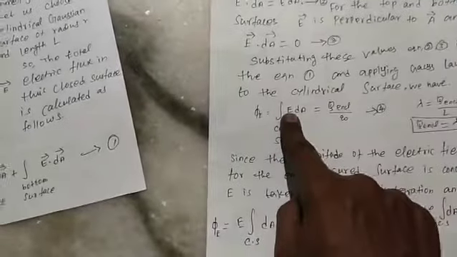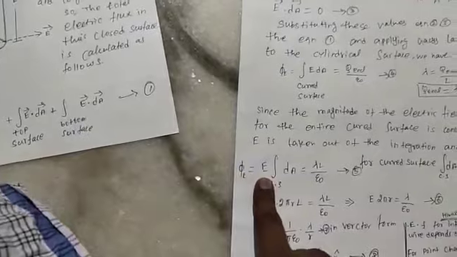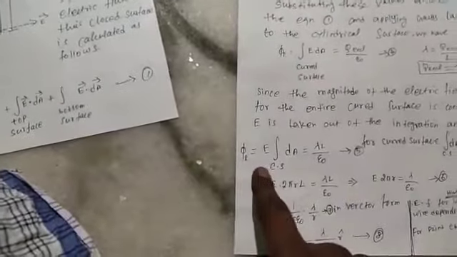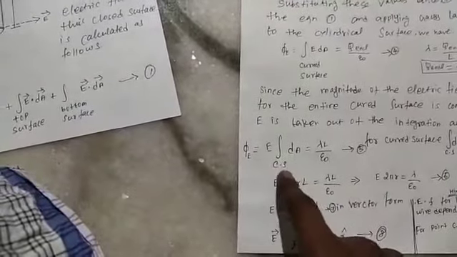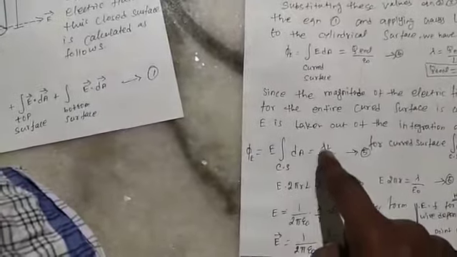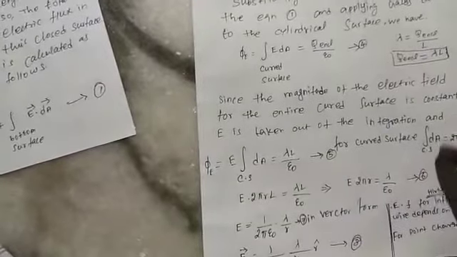So phi equals E times the curved surface integral of dA, which equals lambda L by epsilon naught, where Q enclosed equals lambda L. Now substitute for the curved surface integral of dA, which equals 2 pi r L.